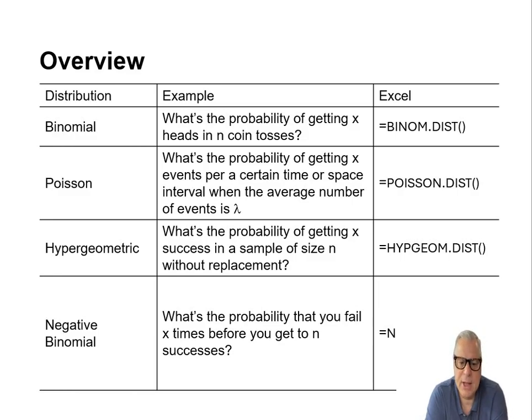Then we have the hypergeometric distribution. The hypergeometric distribution answers questions such as, what's the probability of getting X successes in a sample of size n without replacement?